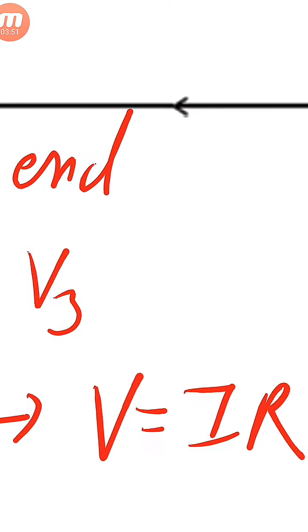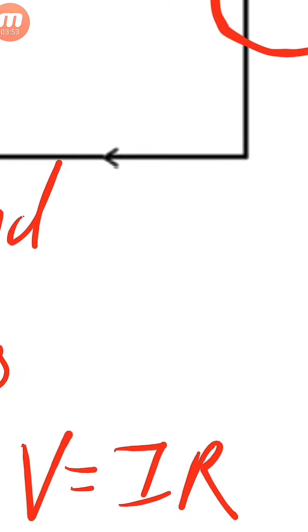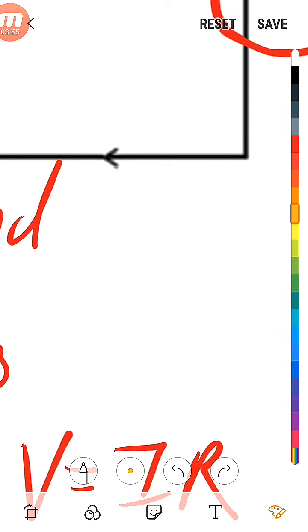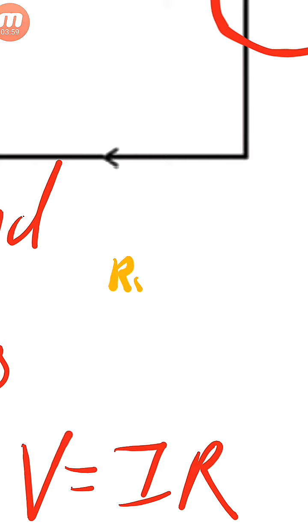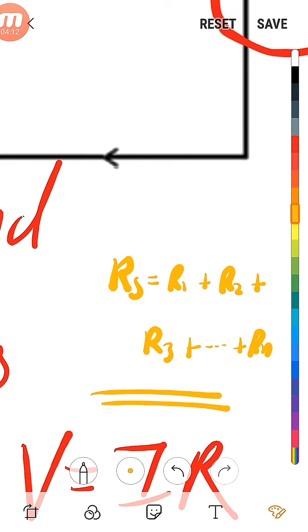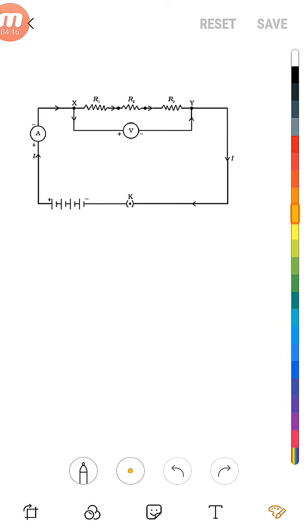Then we would get Rs equals R1 plus R2 plus R3 till Rn. So this is the derivation for resistances connected in series. Remember this.